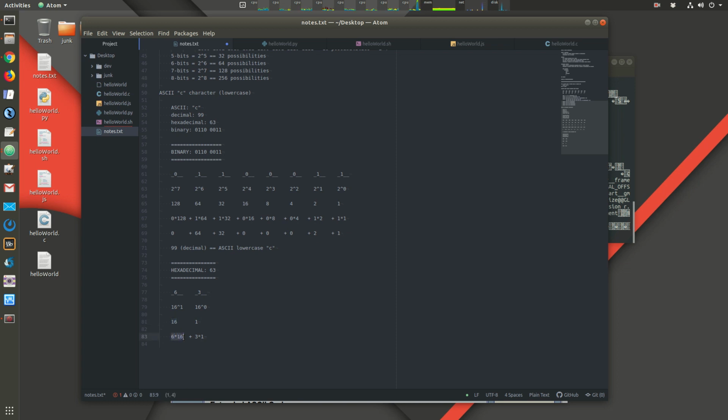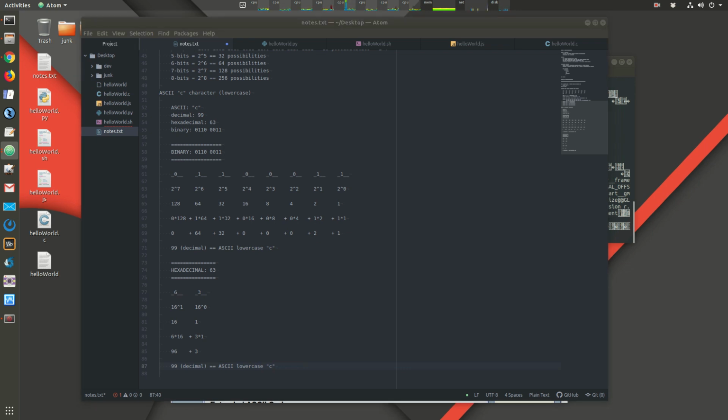So this is 6 times 16 plus 3 times 1. Alright, 6 times 16 is 96, and then 3 times 1 is just 3. And again, we get the same output, 99 in decimal. And that is equivalent, based on this chart, the ASCII lowercase c.